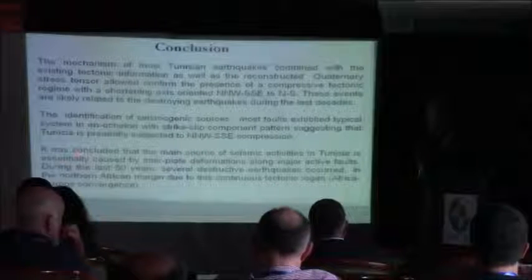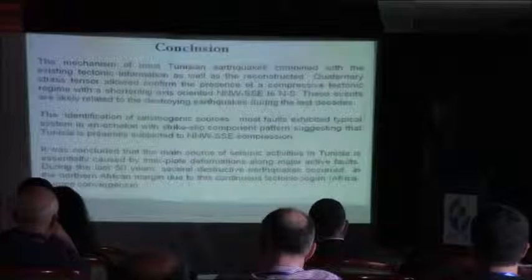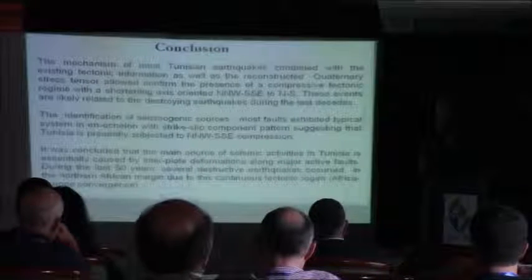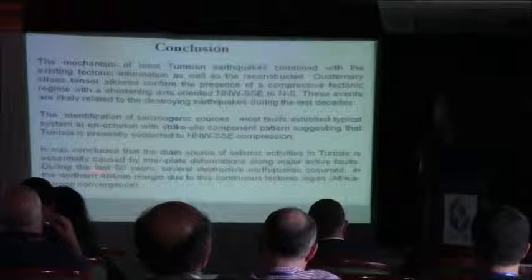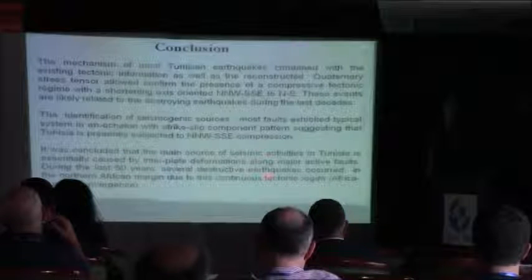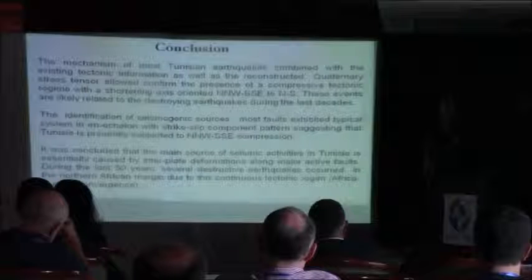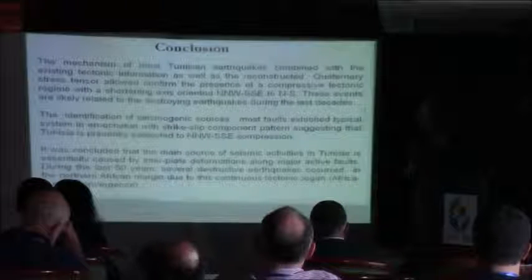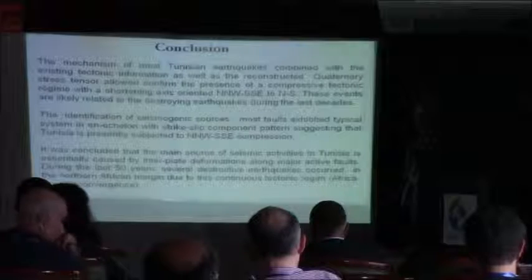It was concluded that the main source of seismic activity in Tunisia is essentially caused by interplate deformation around major active faults during the last 50 years. Several destructive earthquakes occurred in the northern African margin due to this continuous tectonic regime of convergence between Africa and Europe. And thank you very much.